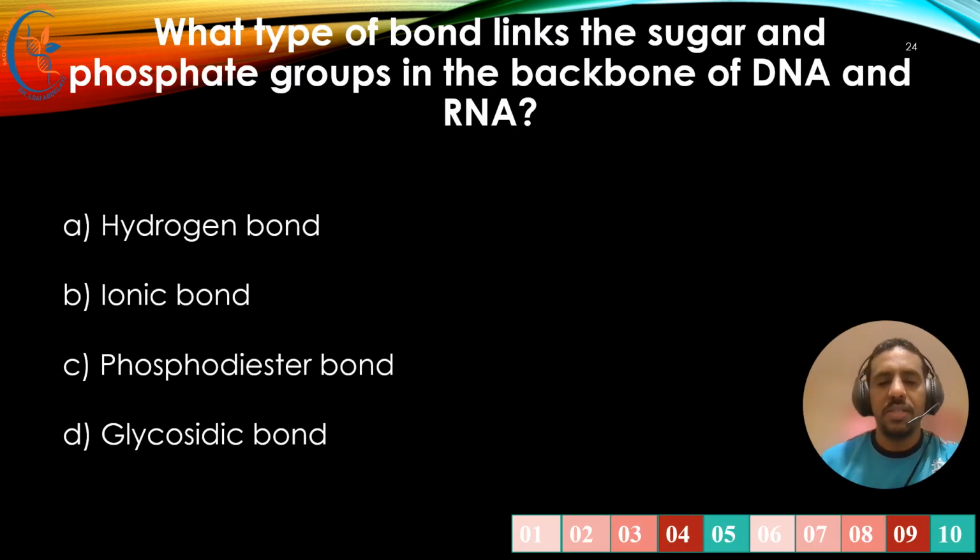The next question is, what type of bond links the sugar and phosphate groups in the backbone of DNA and RNA?